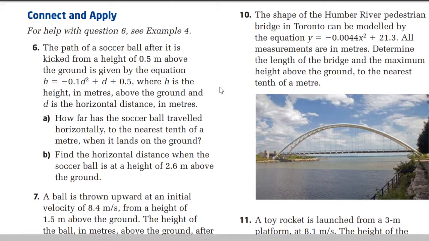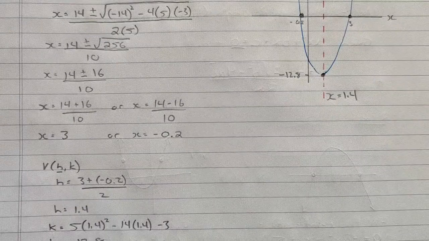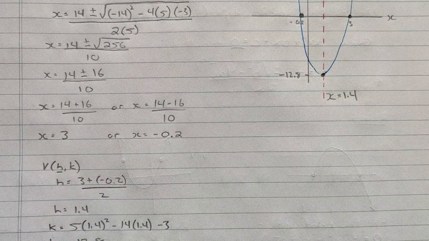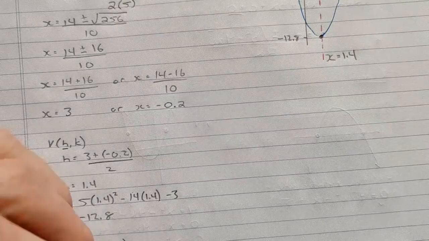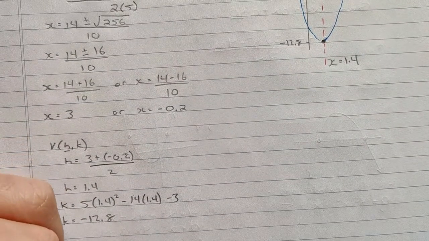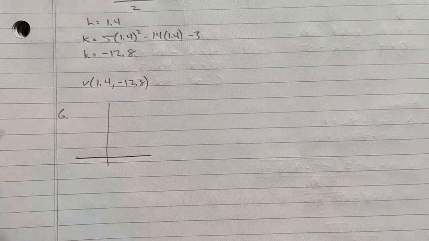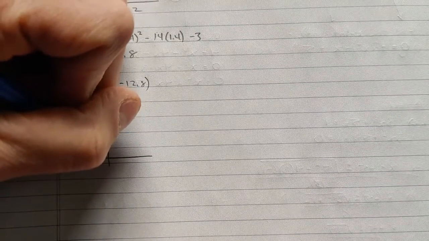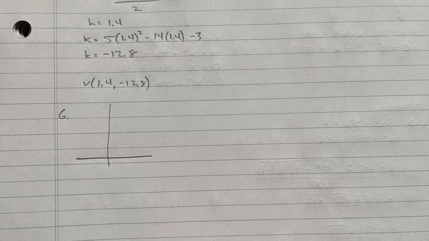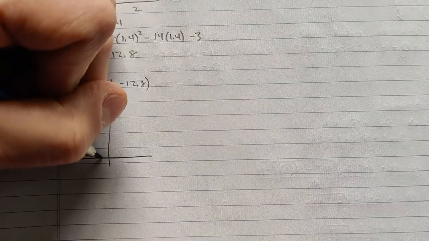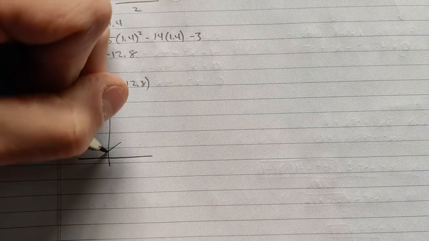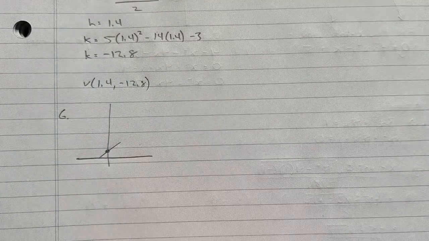So in part A, we want to know the 2 points when it's on the ground. So if we were to quickly sketch out the situation here, we probably have a graph, and we're not worried about the negative portion of the axis here, but we probably have a graph that looks something like this, because it's kicked a little bit above the ground.